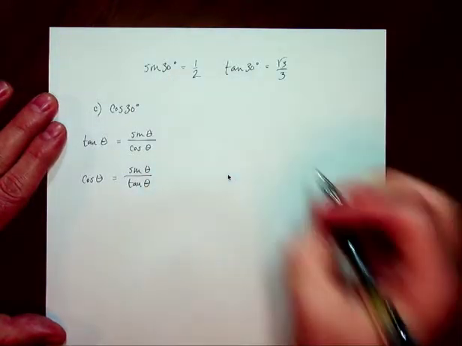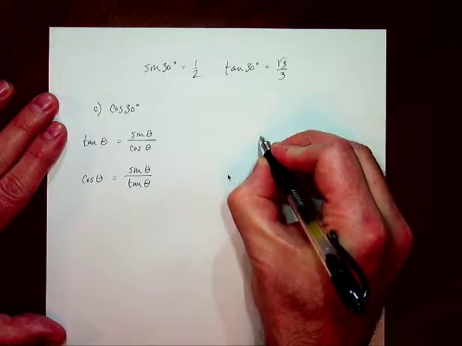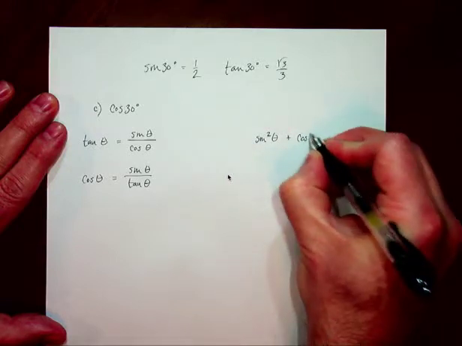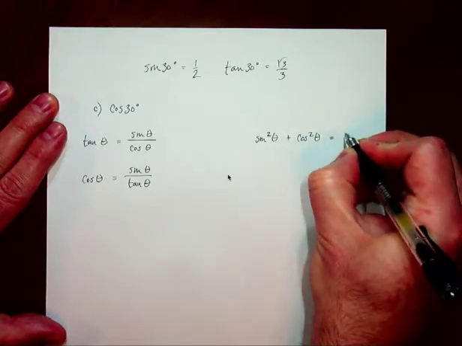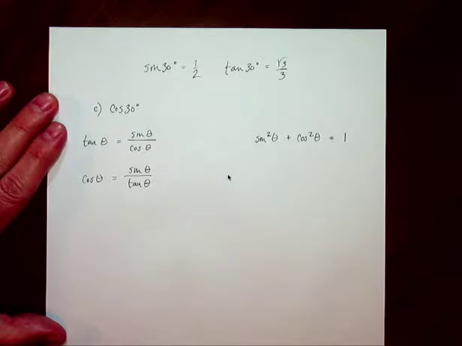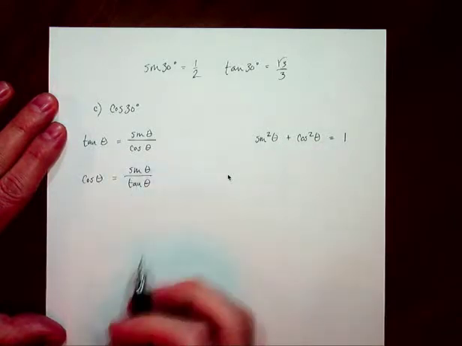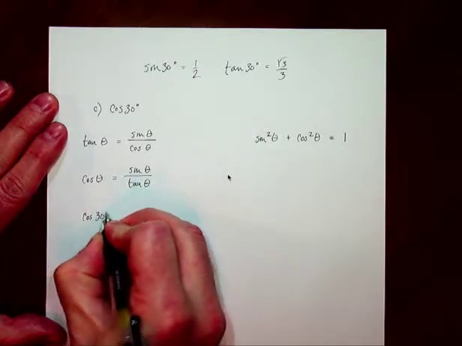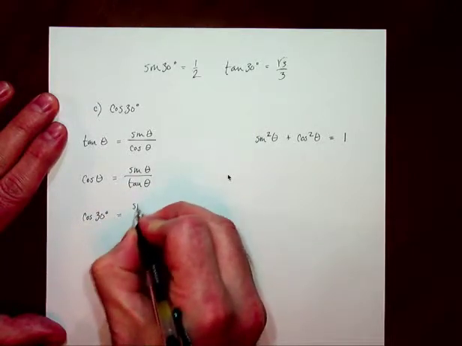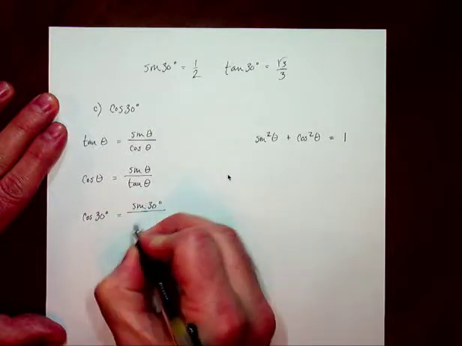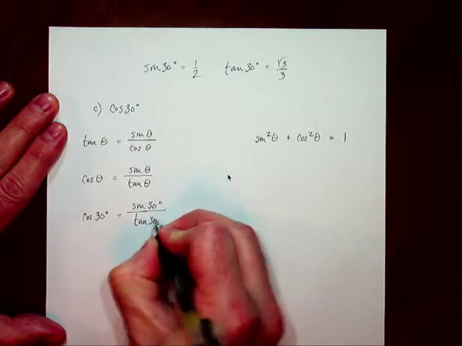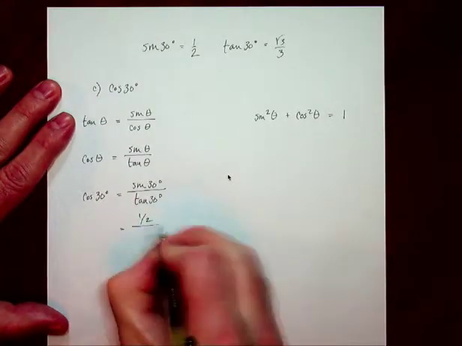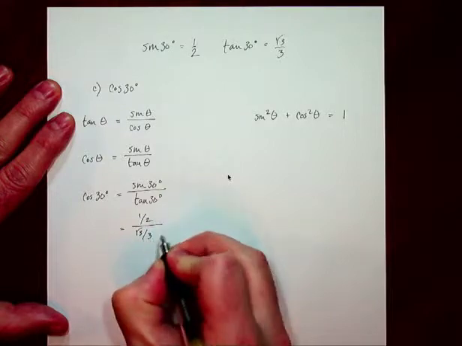But I also remember that sine squared theta plus cosine squared theta is equal to 1. That's going to be a fun one. Let's do this one first, though. I recognize that cosine of 30 degrees is equal to sine of 30 degrees over tangent of 30 degrees, which means this winds up being 1/2 over √3/3.